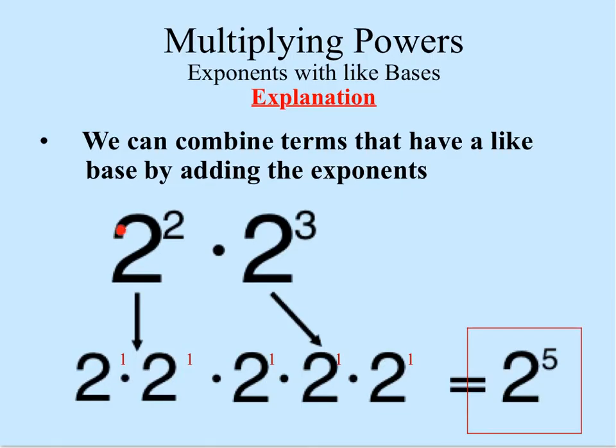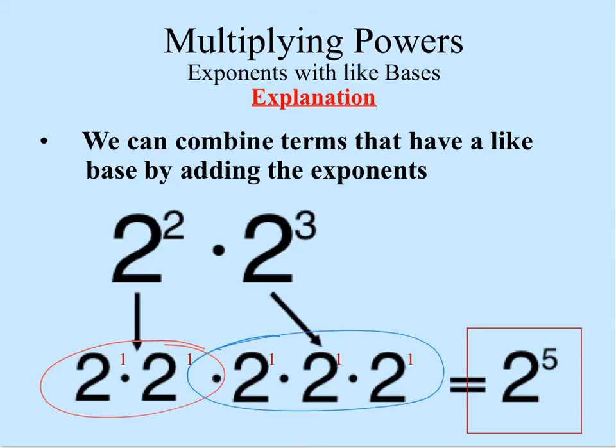When exponents have like bases and they're being multiplied, we can add the exponents. So let's look here at what's happening. 2 squared, it's 2 times 2. 2 cubed is 2 times 2 times 2. So here we have 2 squared, and here we have 2 cubed.